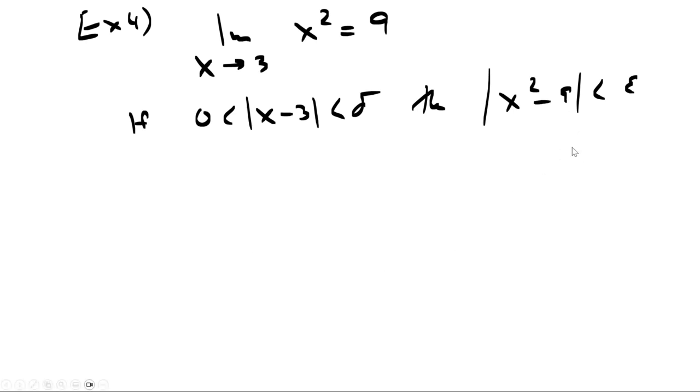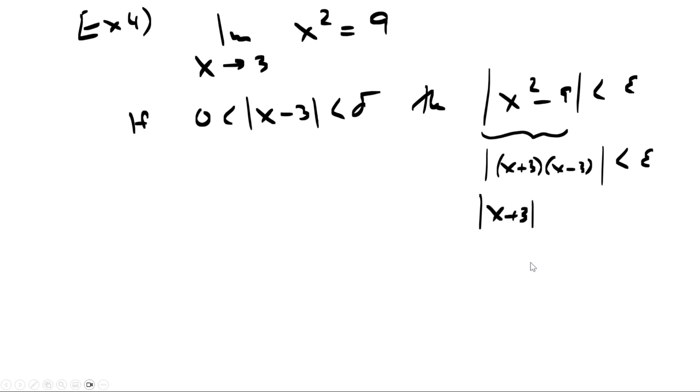All right, let's work on this side here. Oh, hold on, that could be factored, huh? It factors into x plus 3 times x minus 3. If that is true, then that is true, and if I have absolute values, I can break them apart into two different pieces.